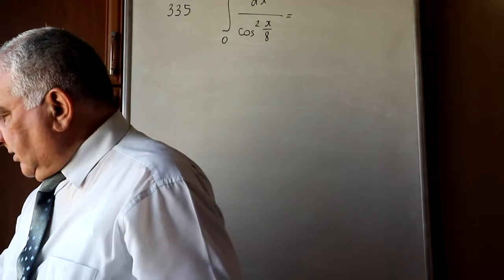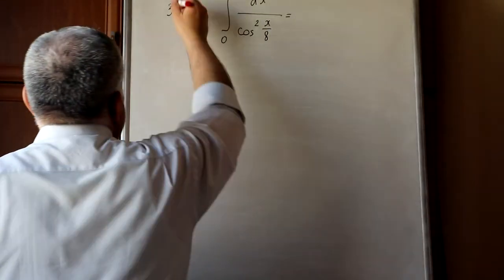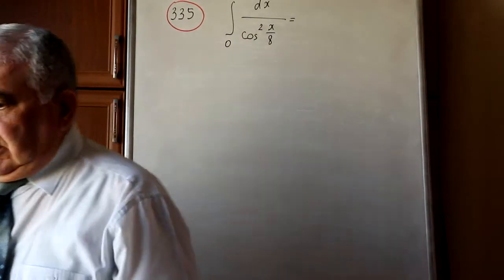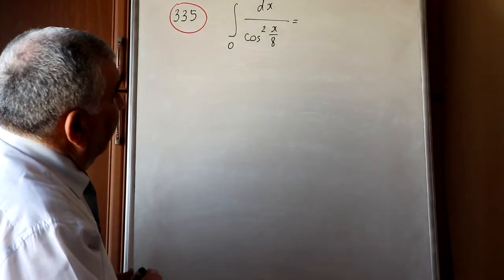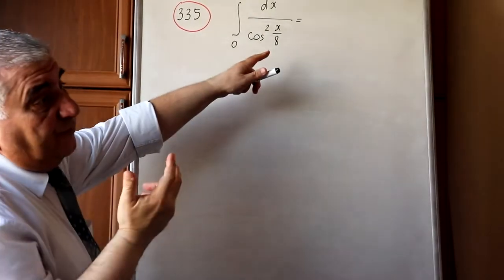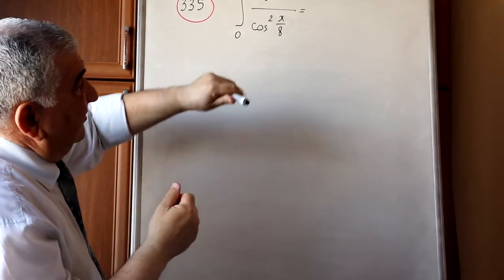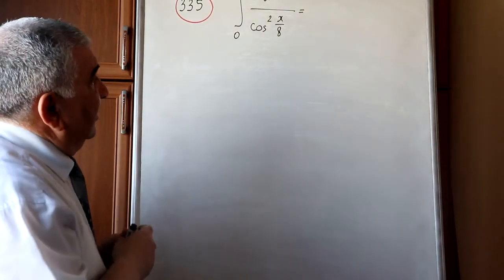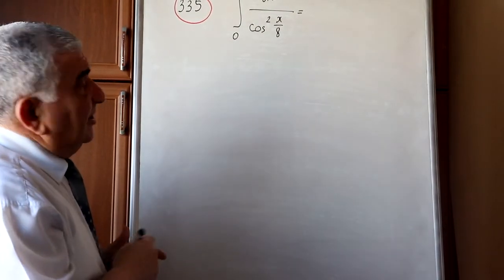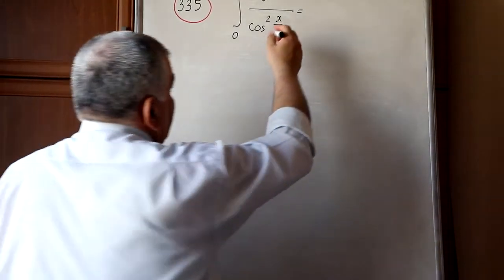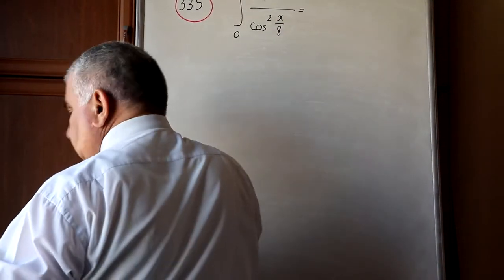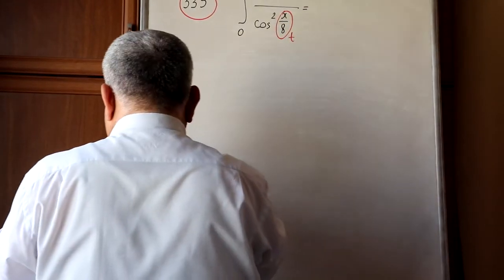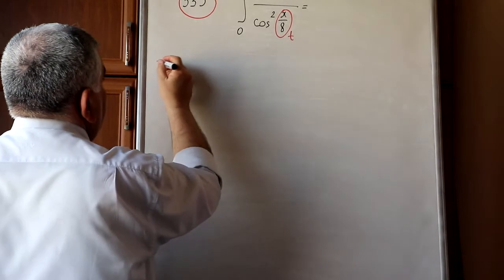The integrand is also the linear composite function, because the argument of cosine is a linear function, therefore this integrand is named the linear composite function. And here change x over 8 by new variable t.